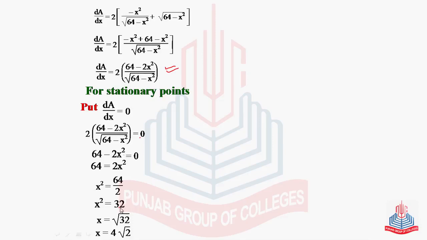So if we put x square equal to 30, then 2 times 30 must be less than 64 and will give a negative value.